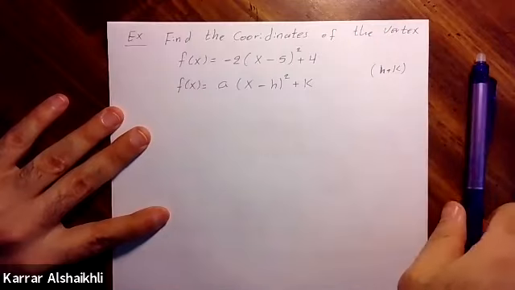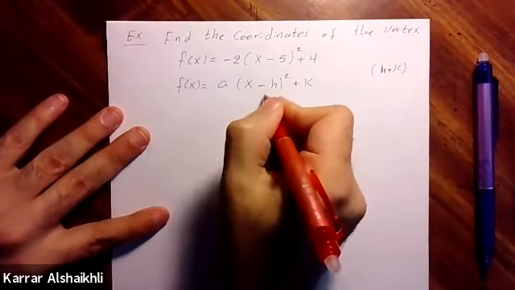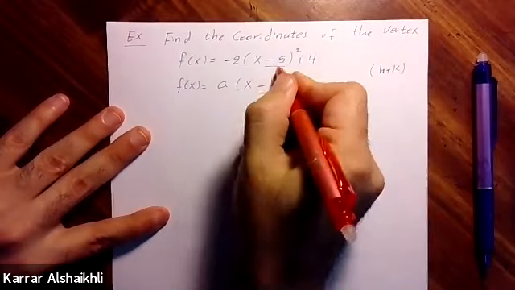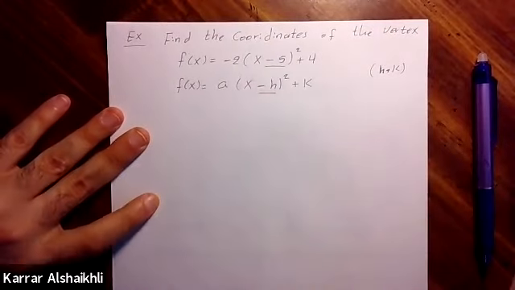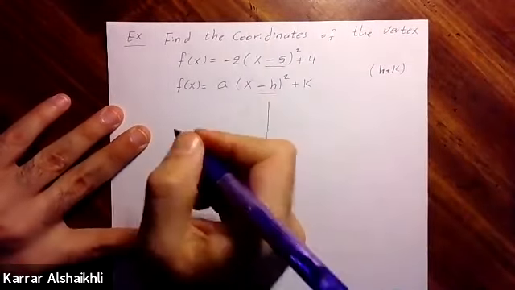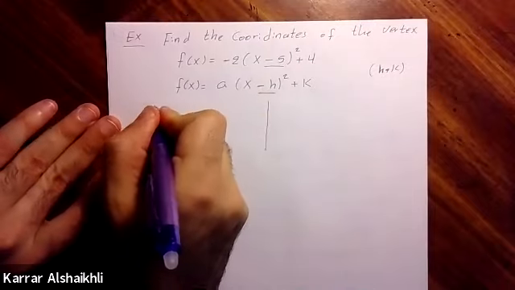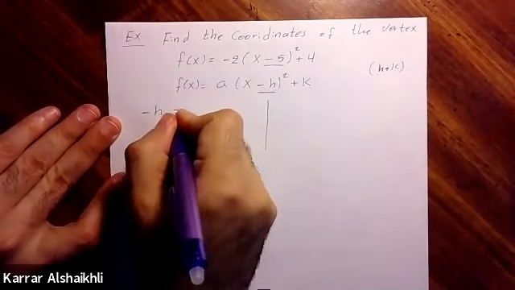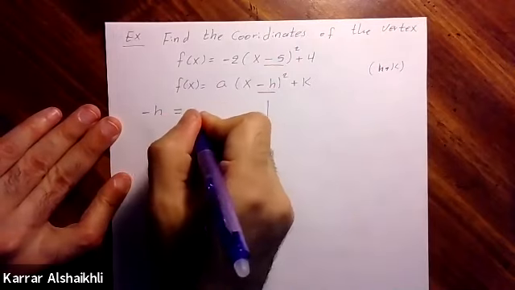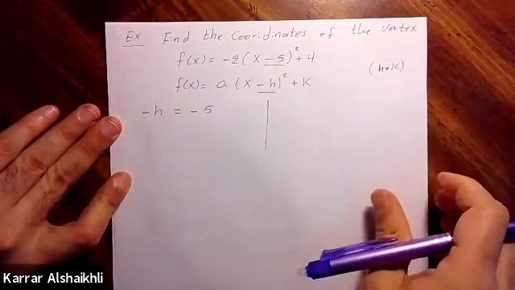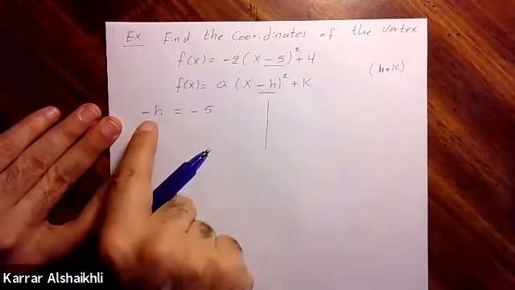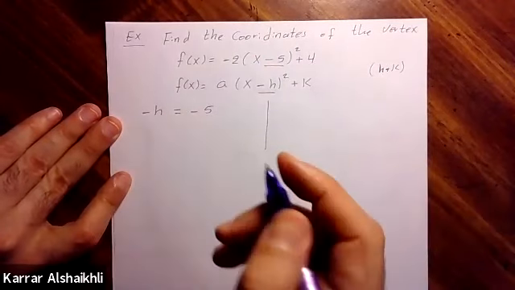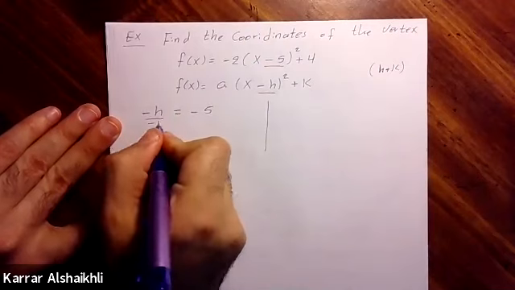So I'm going to locate, here's the h and here's the h. I'm going to write down here on the side, negative h, you see, negative h equal -5. I need to find the h, not negative h. So I'm going to divide both sides by -1.